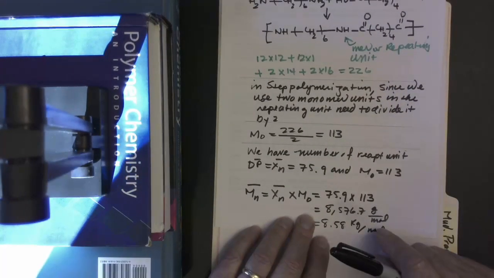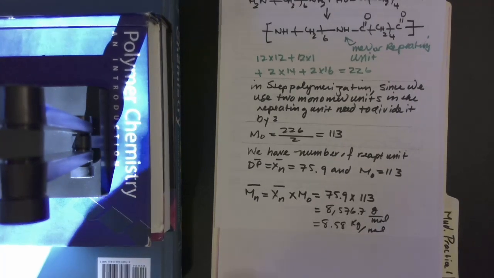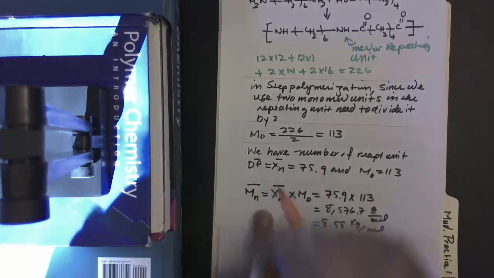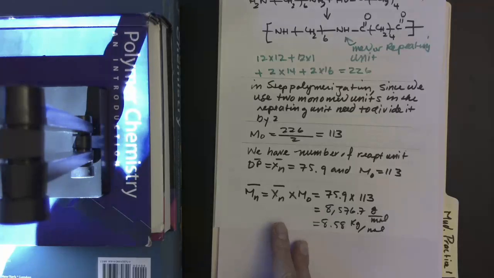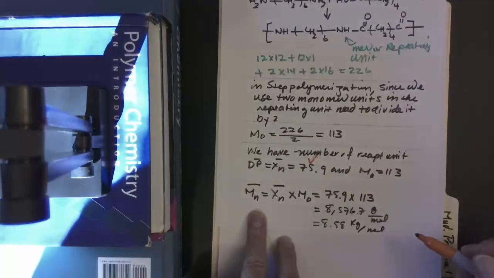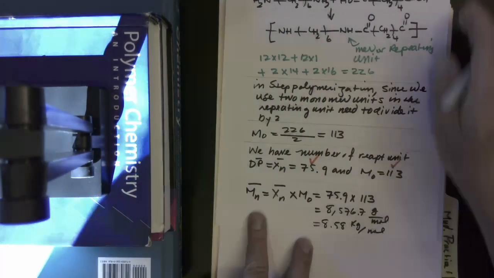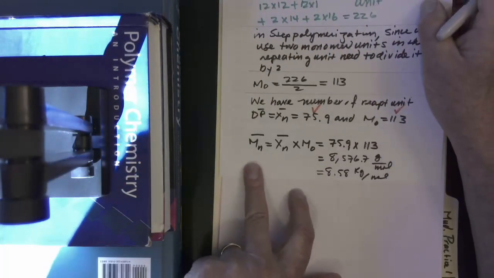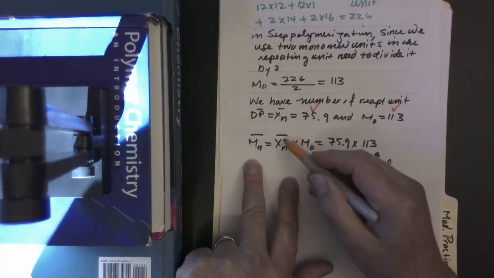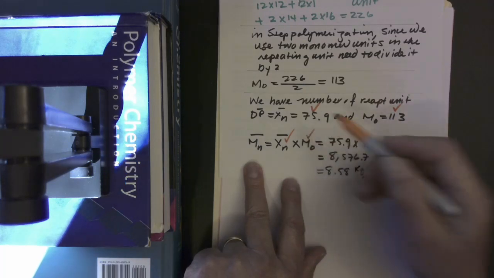Okay, so now we have everything we need. We have the dP at 75.9, and we have the M0 as 113. So Mn basically now is the multiplication of the dP hat or xn hat times M0.